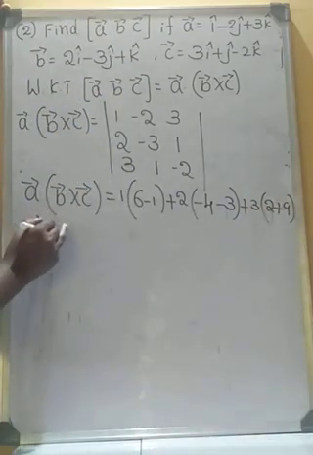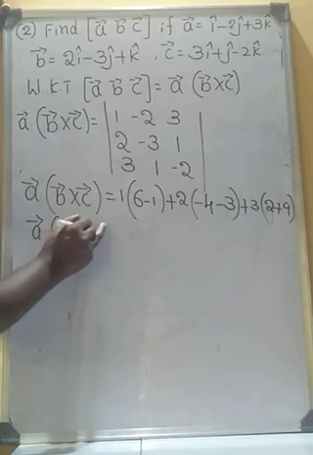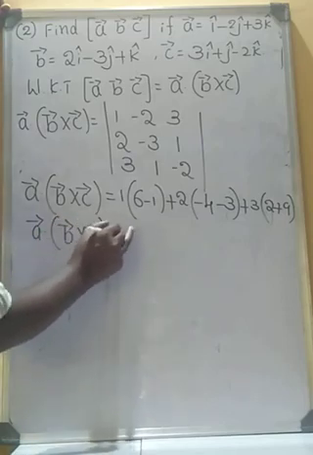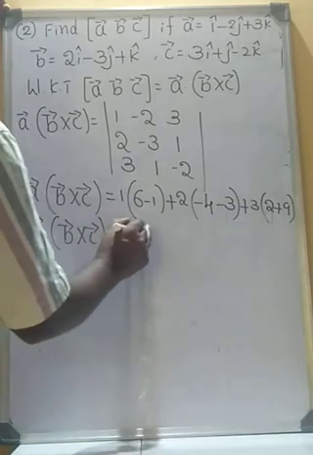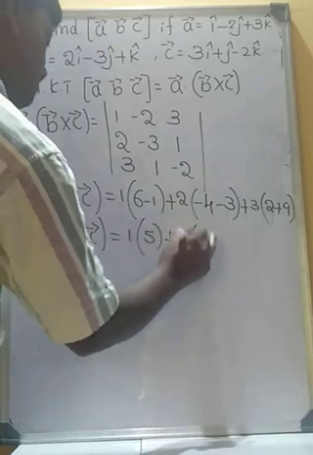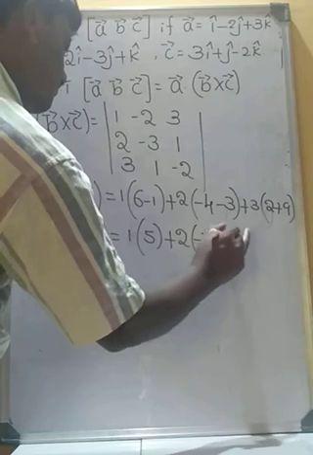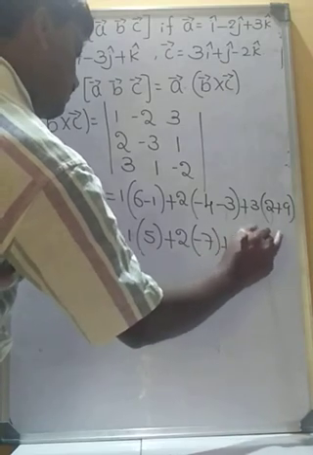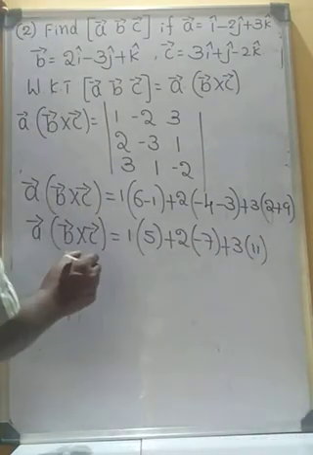Therefore A dot B cross C is equal to 1 into 5 plus 2 into minus 7 plus 3 into 11.